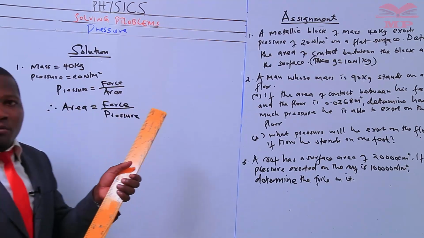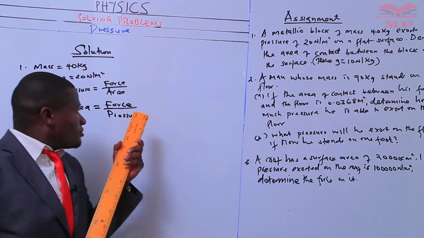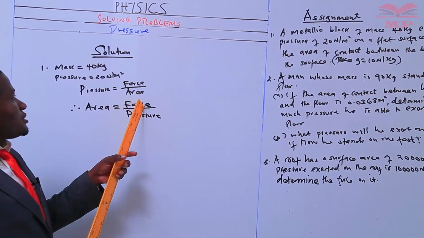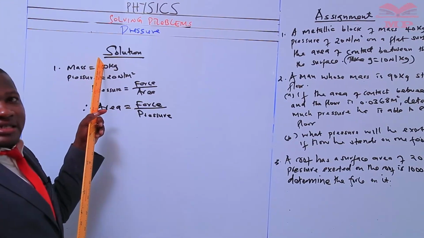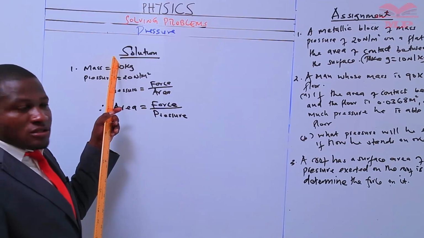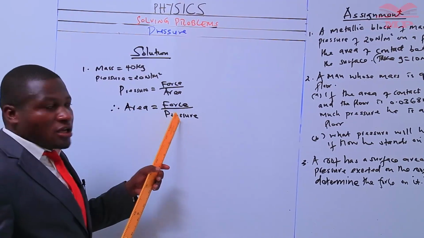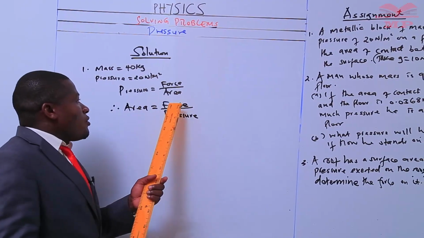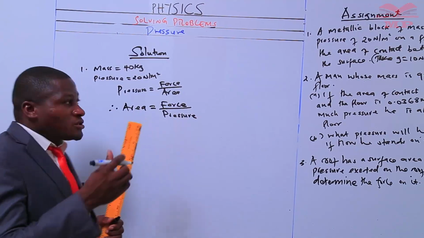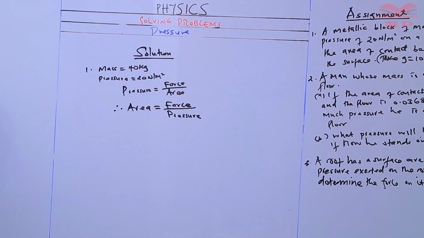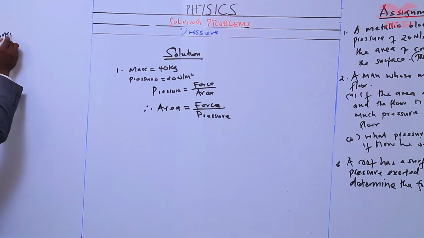Now, from the variables that we have been given, we don't have force, but mass is going to assist us to get this force. We have pressure, meaning that we must work out force.